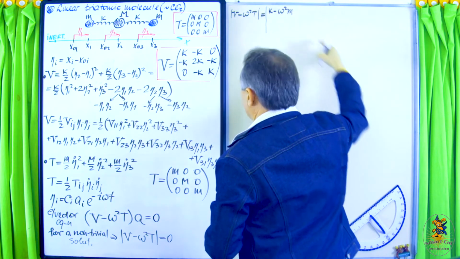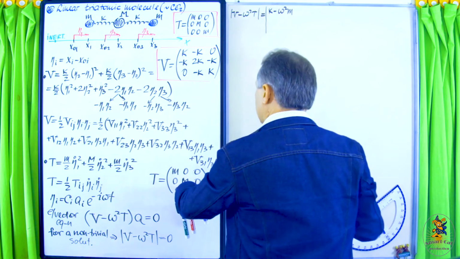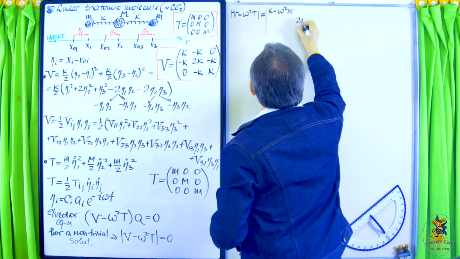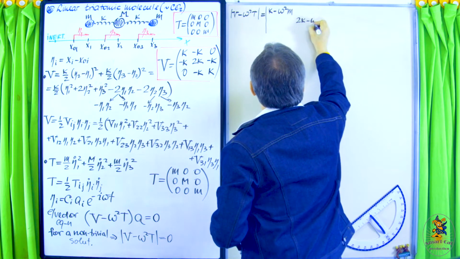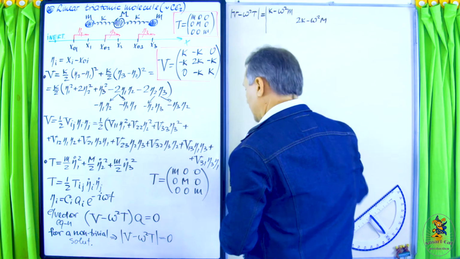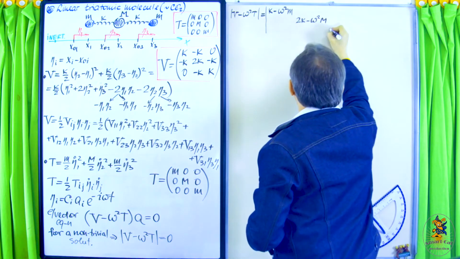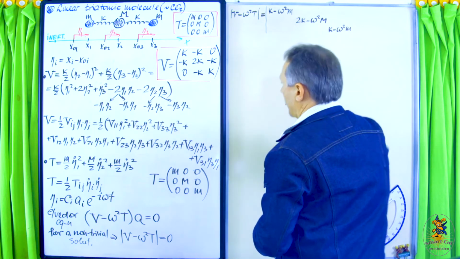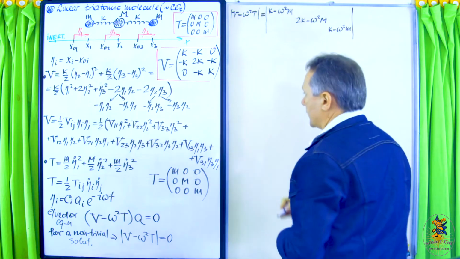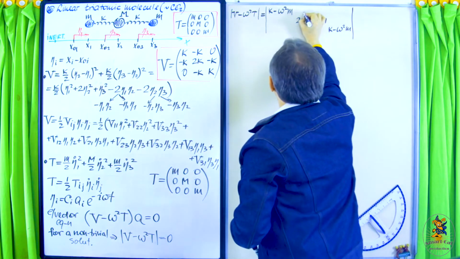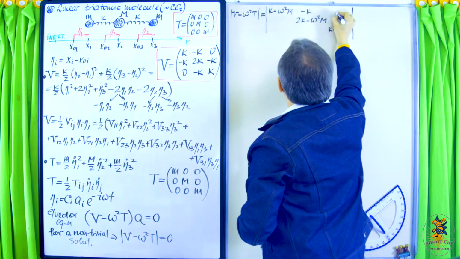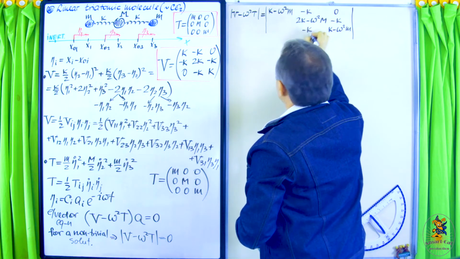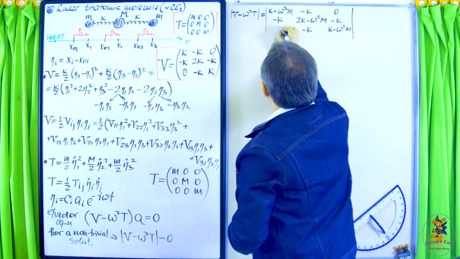Let me write first diagonal elements and then I'll fill out the rest. So it will be 2k minus omega squared m capital, right? And then the last one will be the same like the first one, k minus omega squared m. Okay, and now off diagonal elements, I will just rewrite those. So it will be minus k, 0, minus k, minus k, minus k, and 0.